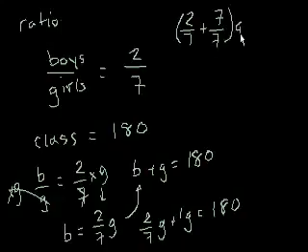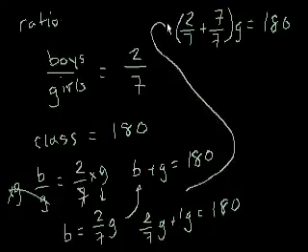Because that's just 1. I'm jumping around on the chalkboard on purpose to intentionally confuse you. So 2/7 plus 7/7 times g equals 180. So we have 9/7 g is equal to 180.